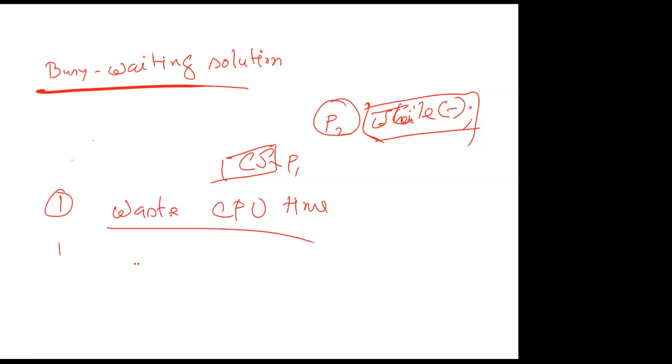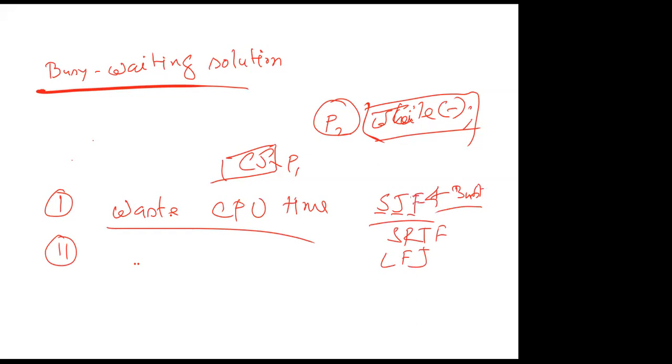Another problem is if it is a priority based scheduling algorithm. Priority based algorithms, such as SJF, SRTF and LJF, are based on the burst time or execution time.